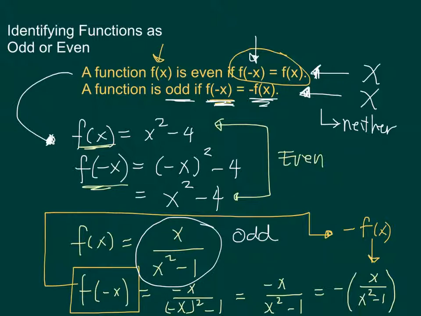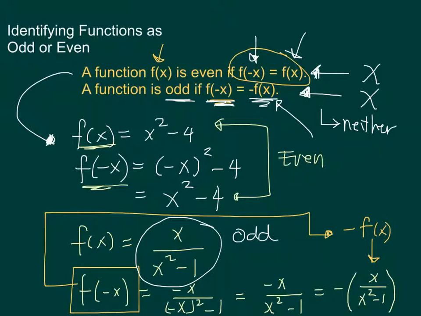There are three possible scenarios that you can have. Either you get the original, you get the negative of the original, or you're not getting any of the two. Getting the original is even, getting the negative of the original is an odd function, and neither of them. So not even, not odd.